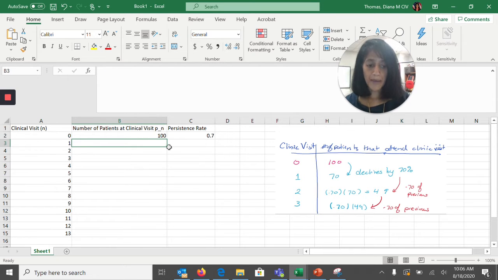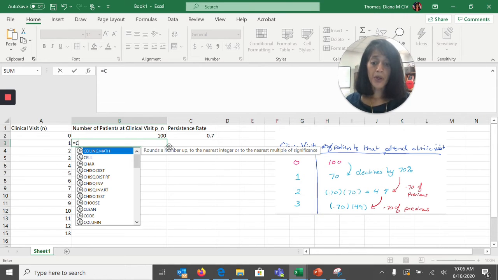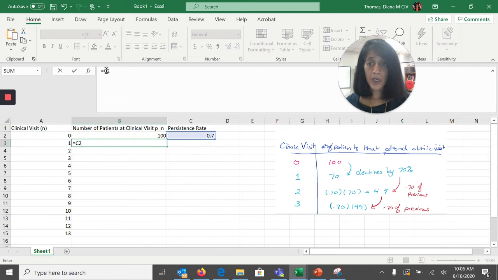So here's how you do it. You do equals, and instead of typing 0.70, you're going to type C2. But here, you're going to put a dollar symbol in front of the C and the 2. And what that does is it makes sure that number stays fixed. So I took the previous number, which was 100, that is in cell B2, and I multiplied it times this 0.70.